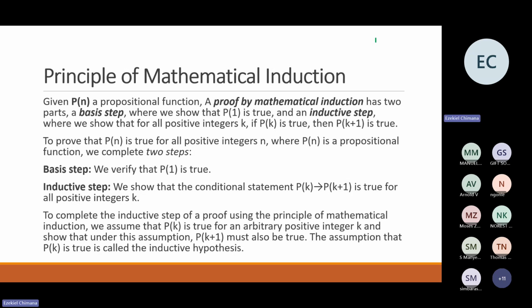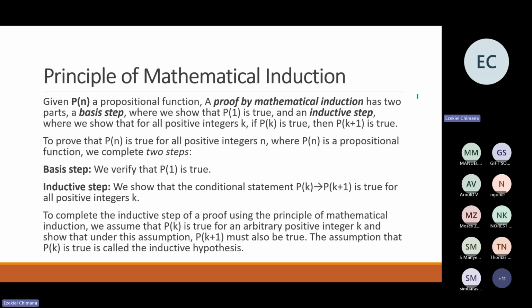given P of n, a propositional function, a proof by mathematical induction has two parts: a basis step, where we show that P of 1 is true, and an inductive step, where we show that for all positive integers k, if P of k is true, then P of k plus 1 is true.